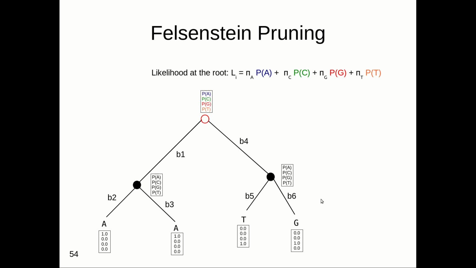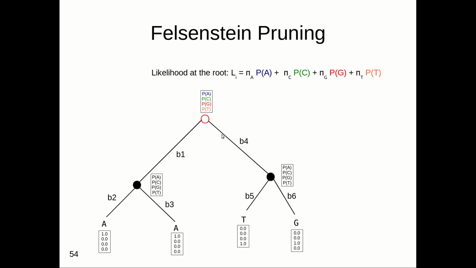Okay, and then finally, how do we calculate the likelihood at the root? This is something I didn't mention. We have the conditional probabilities of observing A, C, G, and T here. That's what we already calculated.